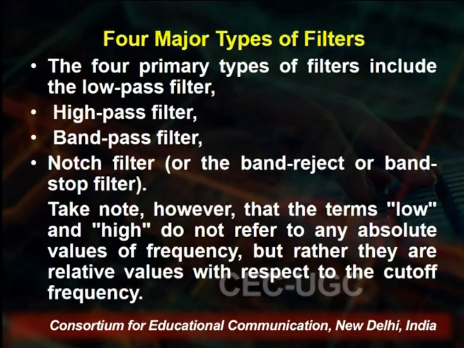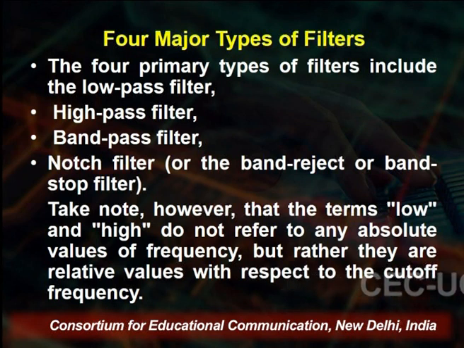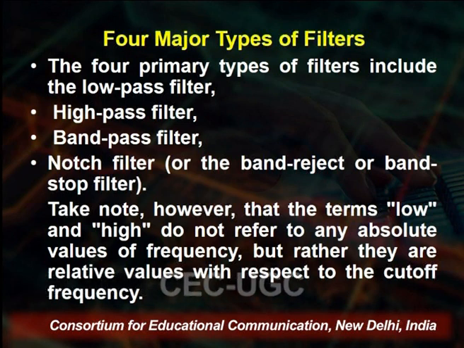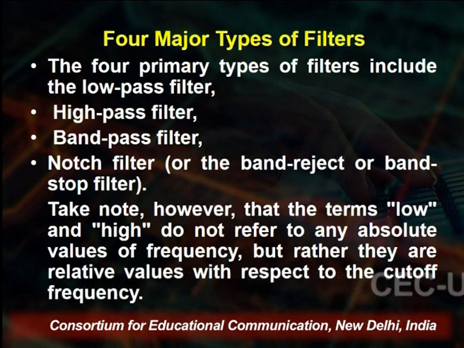So what are the four major types of the filter? As you see on the screen, we have four major types of filters. First is the low pass filter, second is the high pass filter, third is the band pass filter, and the last one is the notch filter, that is the band reject or band stop filter.